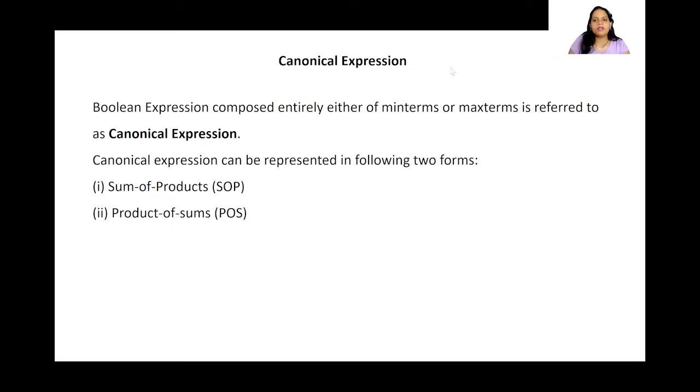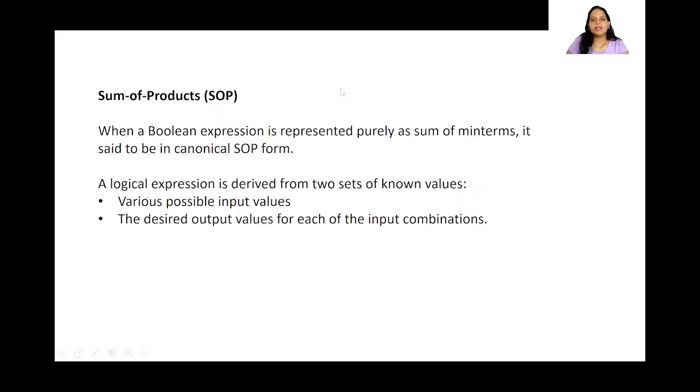Sum of products, as the name suggests, is a Boolean expression that is represented purely as a sum of min terms. Now, what is a min term? A min term is nothing but a product of literals, isn't it? If I'm writing x y, here x and y are literals and there is a product between them, so this is a min term.